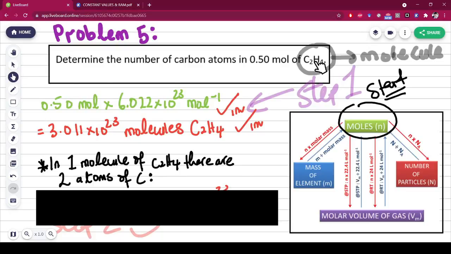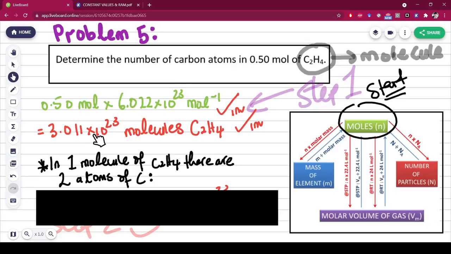When you look at this one molecule, in one single molecule, you have 2 carbon atoms. And the question wants you to find the number of carbon atoms. So in one molecule of C2H4, there are 2 atoms of carbon. I think some of you might have got the idea now. You have to times 2.